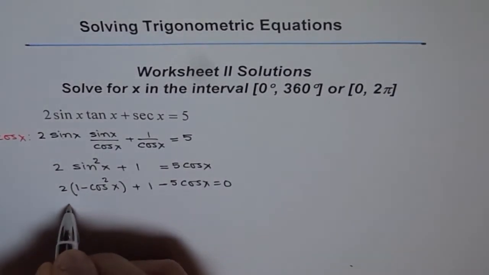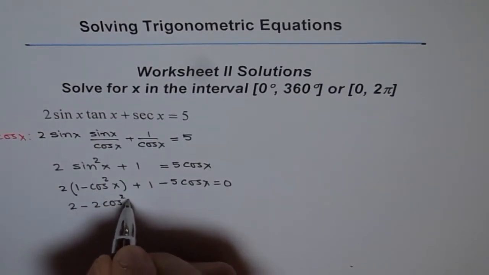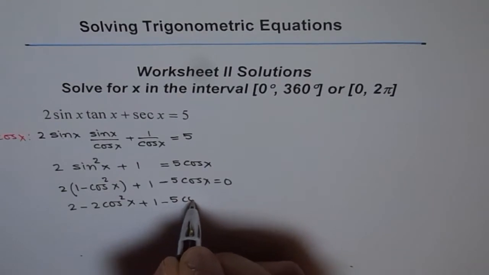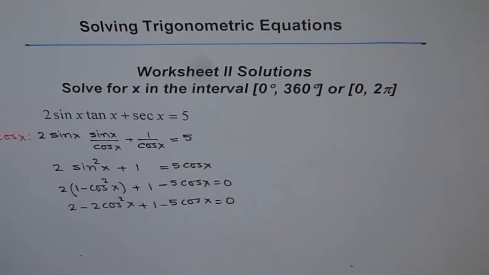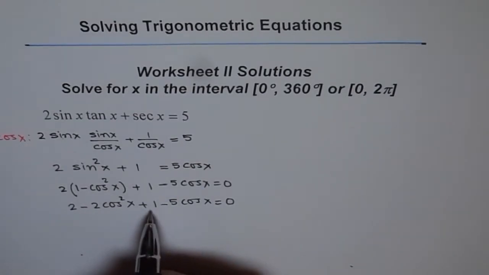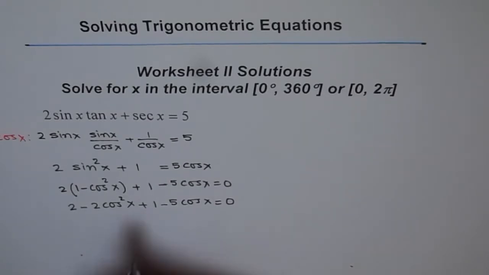So here we get 2 minus 2 cos square x plus 1 minus 5 cos x equals 0, right? Now 2 plus 1 is 3, and cos square x and this. So we can write this equation, changing all the signs.